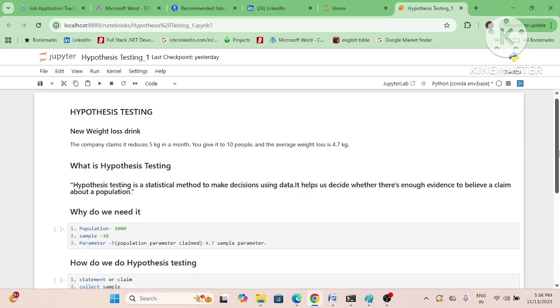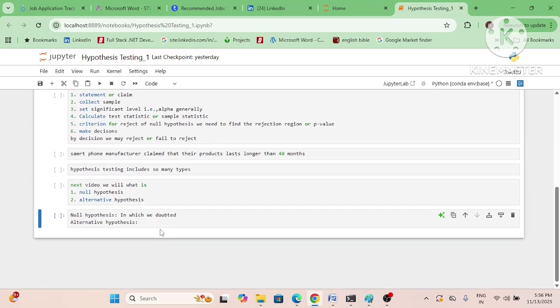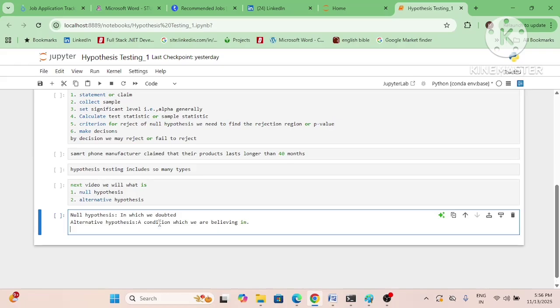So the alternative hypothesis is the claim, or a condition, which we are believing in.